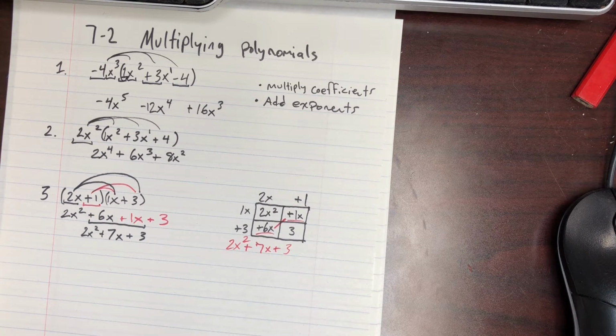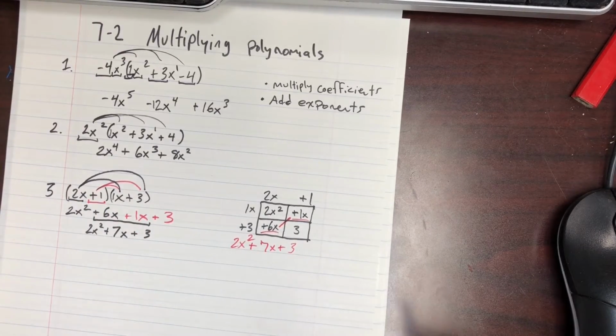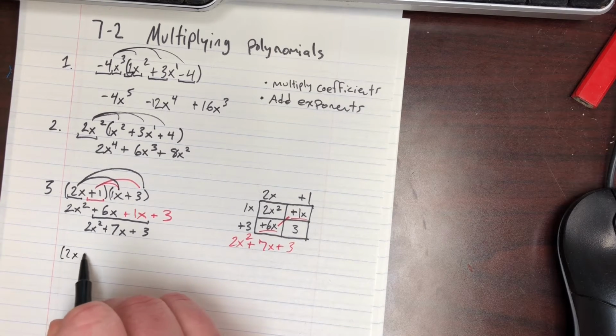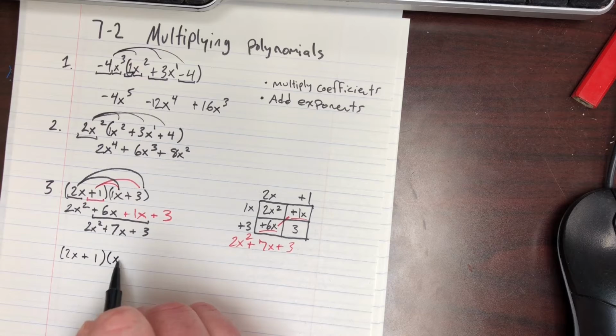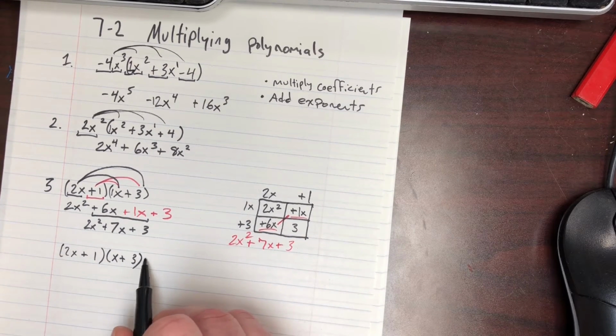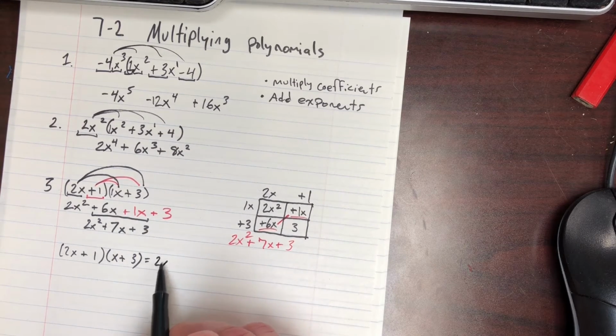And if you like to go fast, the fastest way that I know is this way, especially when you can do things like this and say, okay, and this is the last time I'm doing this example, I promise. If you're going to do this truly fast, you'd go, well, 2x times x, that's 2x squared.